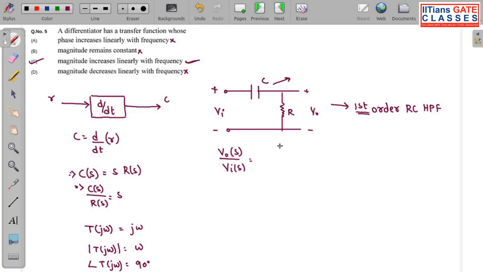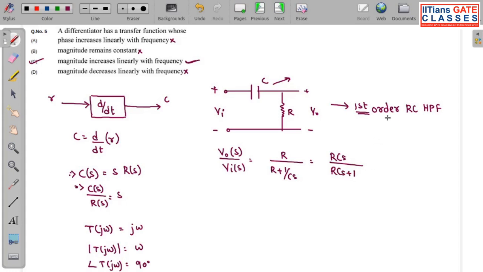The impedance for C is 1 by Cs, so the transfer function is R divided by R plus 1 by Cs. Sorry, I had written it wrong here. So it will be RCs divided by RCs plus 1.